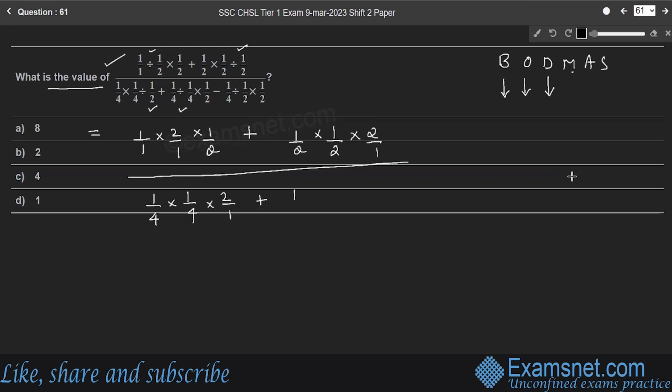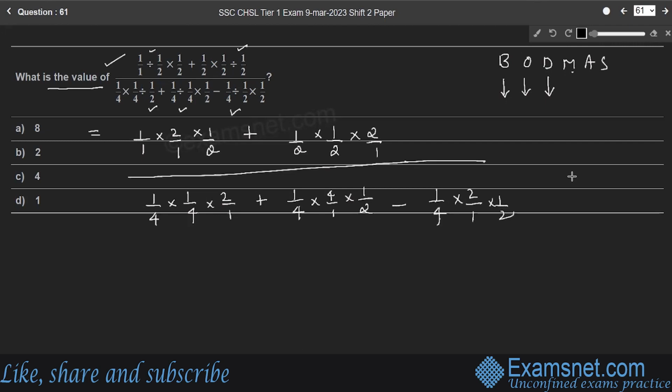The next term is 1 by 4 divided by 1 by 4 becomes 4 by 1 into 1 by 2 minus 1 by 4. So this one, into 2 by 1 divided by 1 by 2, becomes 2 by 1 into 1 by 2.